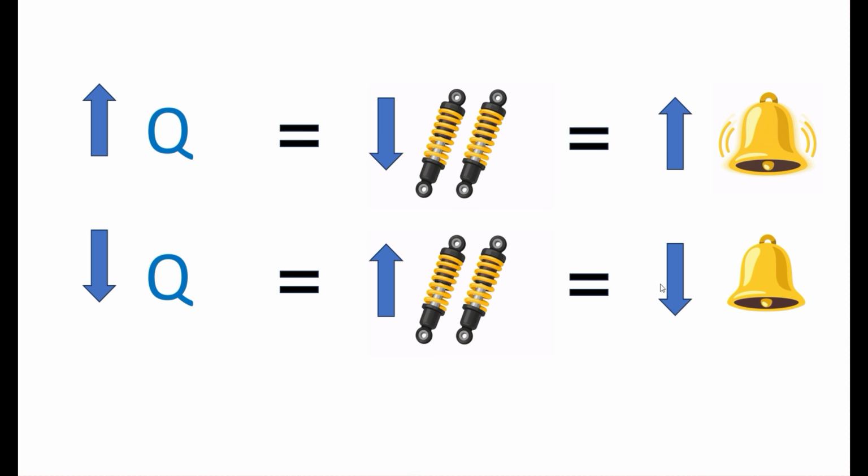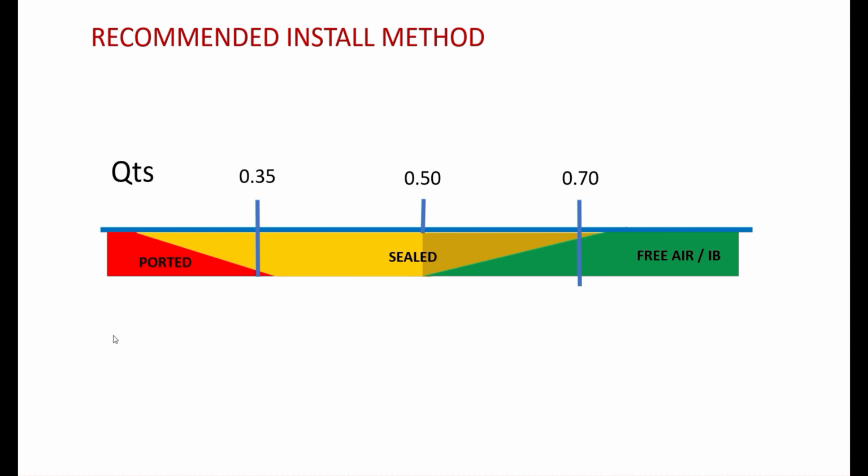So we want a certain amount of damping, but not excessive or not too little. The term that you guys are probably familiar with or have heard before is QTS, which is the total quality in free air. When we talk about quality, we're talking about how well the bell rings, or in this case how the speaker oscillates, how damped it is.